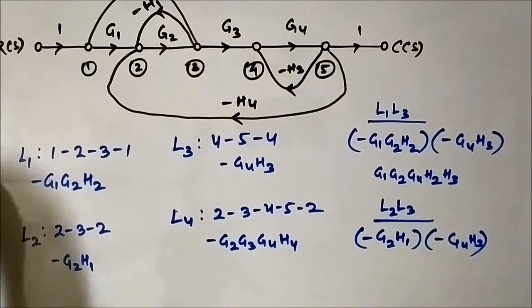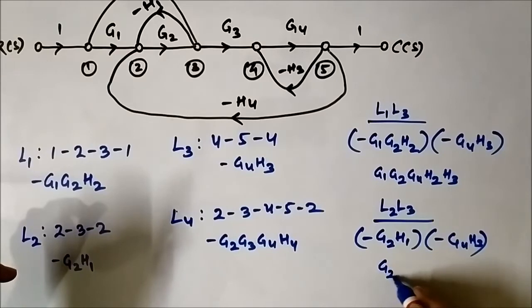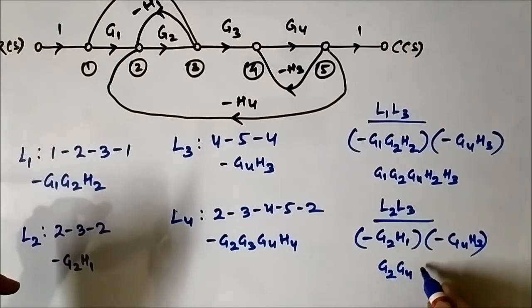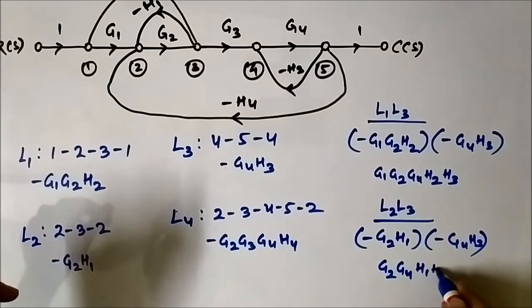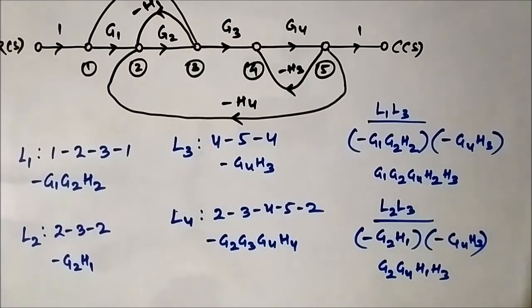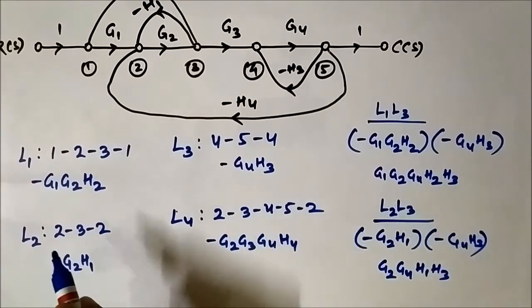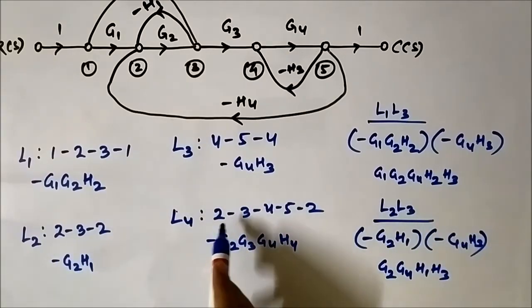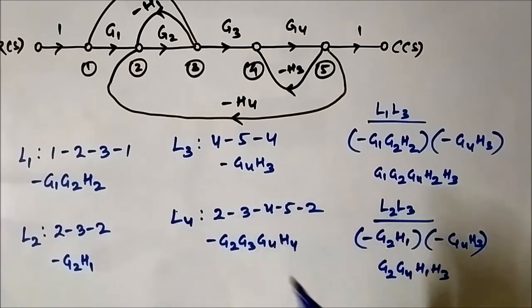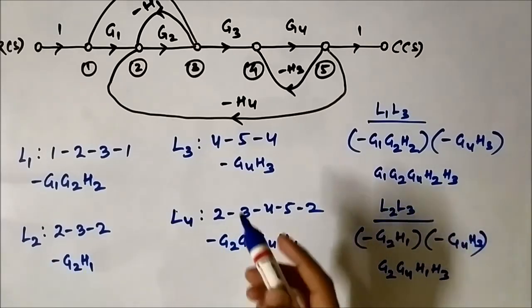Okay, so it will become G2 G4 H1 H3. So this is the second non-touching loop. Then we'll compare L2 with L4, 2 3 2, 2 3 4 5 2. So 2 3 is the common node, so L2 and L4 are touching.